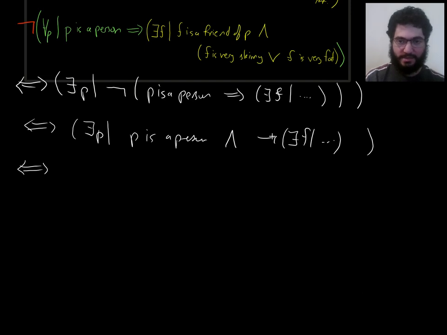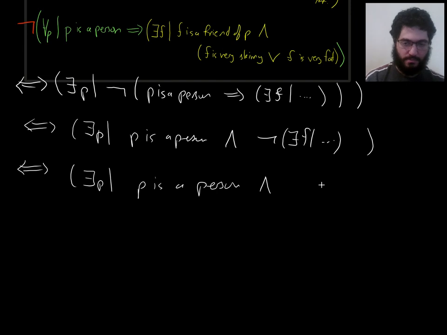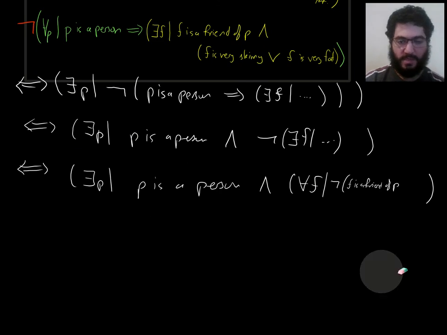And then to negate, there exists F such that all this junk here, I would say it becomes for all, using quantifiers and negation rule, for all F, and then the negation of all the stuff in here. So it's not the case that F is a friend of P. And let's allow this to take up multiple lines here.